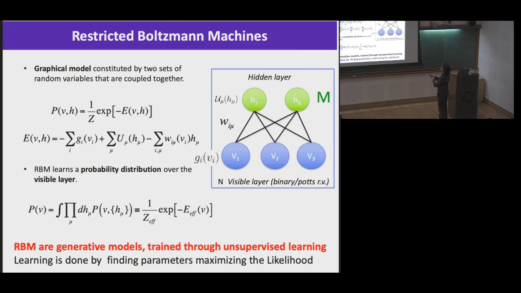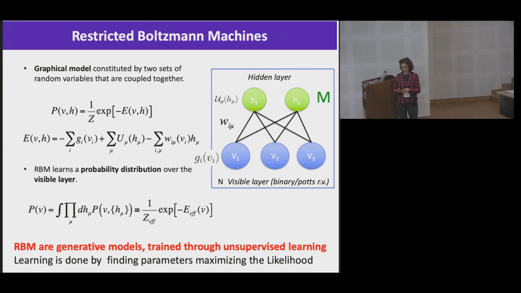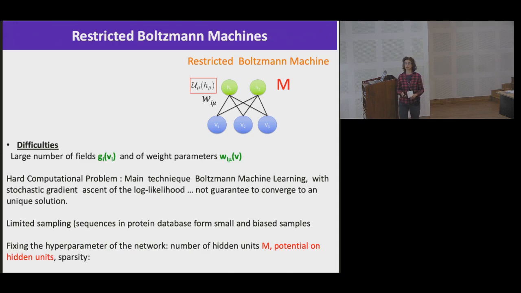For each hidden variable, we have again a set of parameters which depends on the position and on the amino acids. These are the easy parameters, in the sense that they are the ones which will be fixed through maximum of the likelihood. But there are also other hyperparameters of the network.